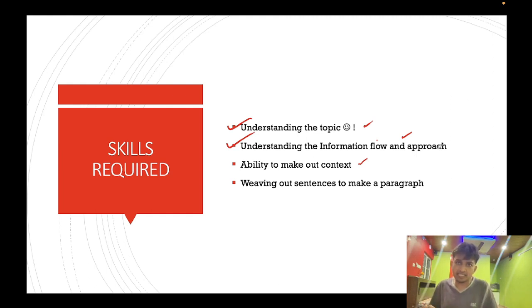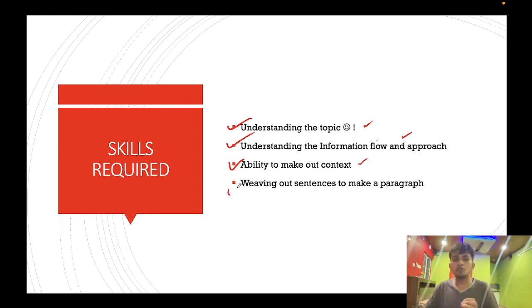He might be criticizing something, so his criticisms in the order of what happened to him might be the flow of the paragraphs. So you need to make out the context of each sentence and then figure out how the paragraph would be structured. I'm not saying you'll be particularly sure about how it will be structured, but you need to have a basic skeletal idea of how it could be structured.